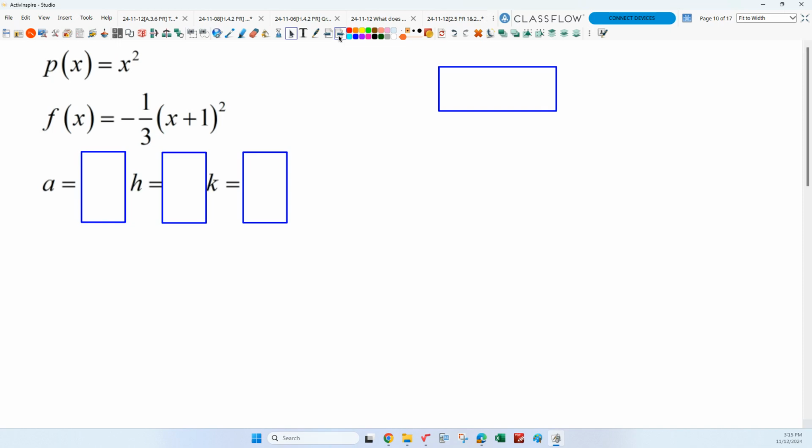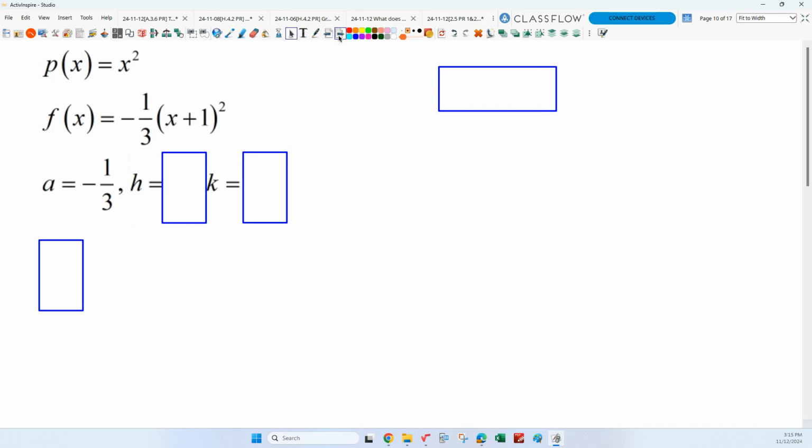So we don't know this yet, but we might know this. The graph of x squared is just a parabola, right? Okay, so what would we do to that? Well, what's the value of A? -1/3. Okay, so what's that doing to our U-shaped parabola? The negative makes it go down, and the 1/3 compresses it, squeezes it vertically.